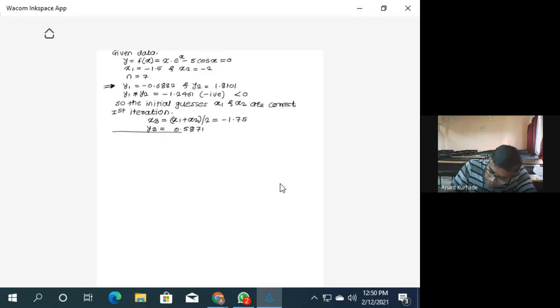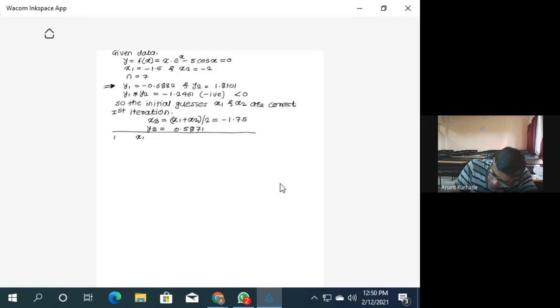So now we have shown the first iteration in detail. It is not required to show the remaining iterations in detail, but you can show all the iterations in tabular form. So tell me, what is your first column in the table? The first column is the number of iterations. Next is x1.